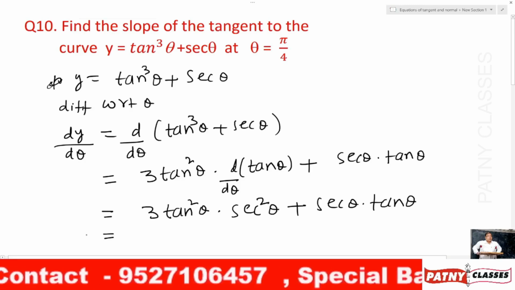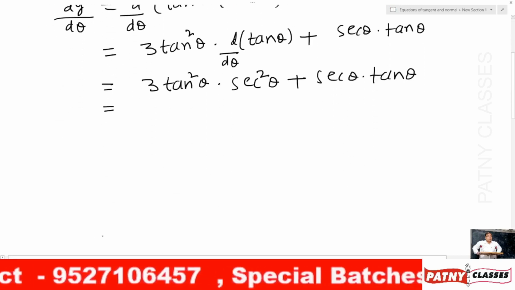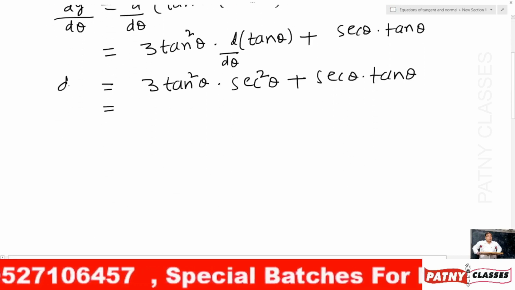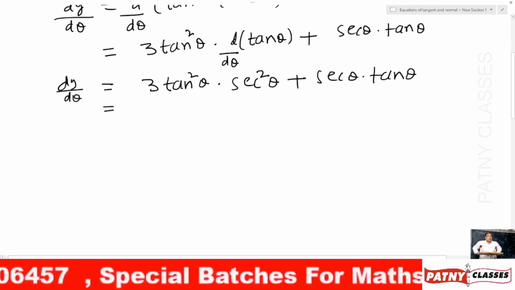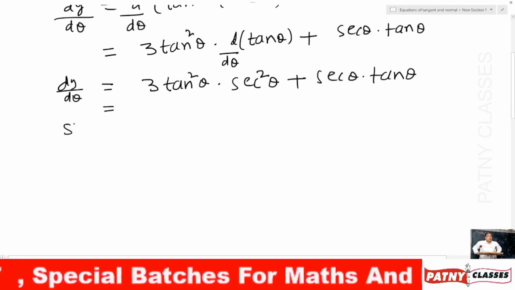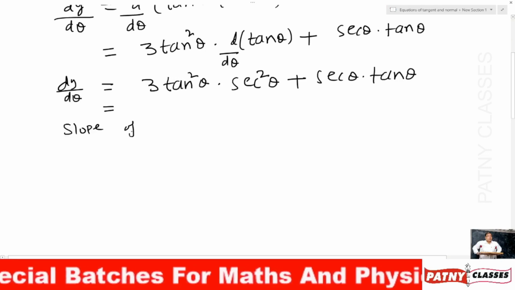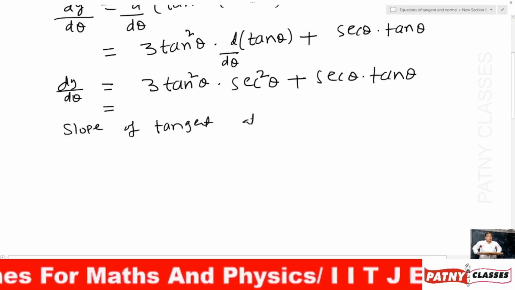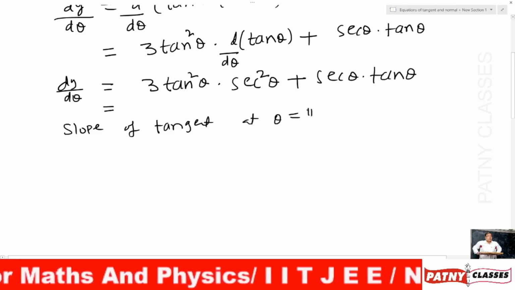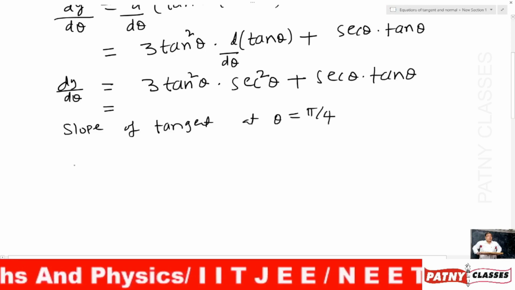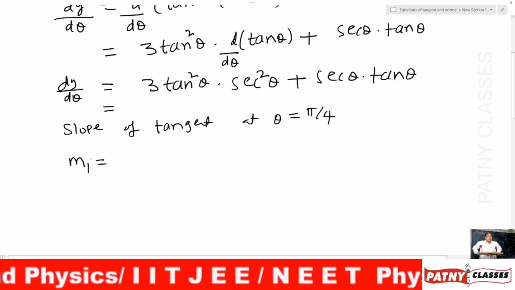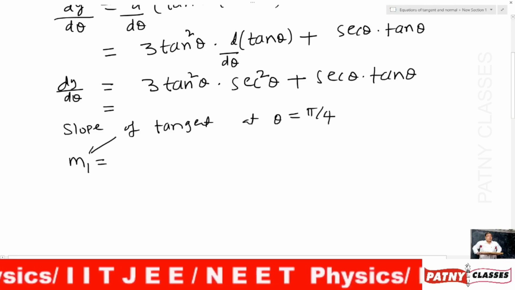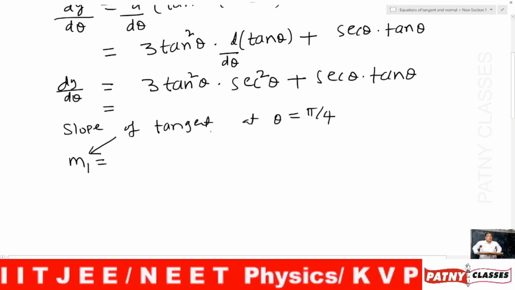So dy by d theta we are having. This is dy by d theta. Now we need to find the slope of tangent at theta equals pi by 4. That is, m1 is the slope of tangent.